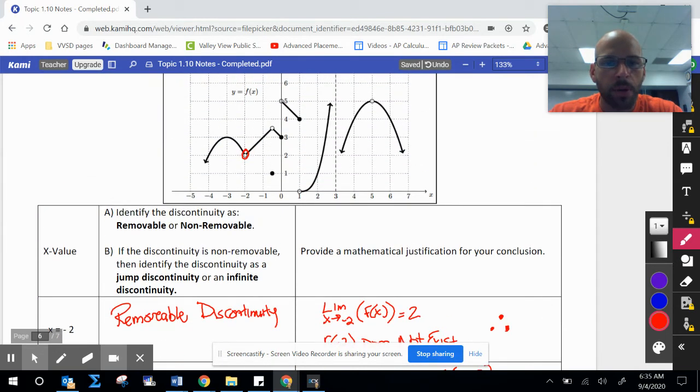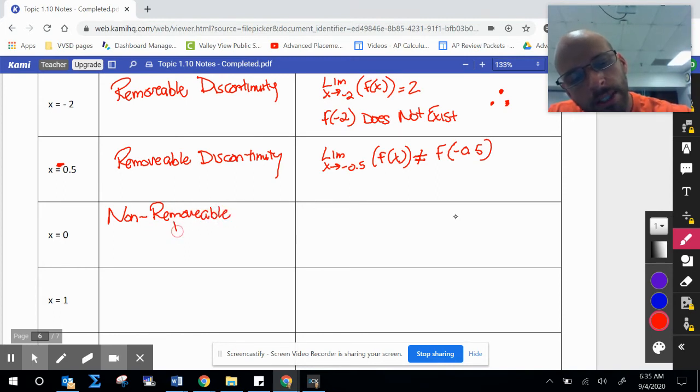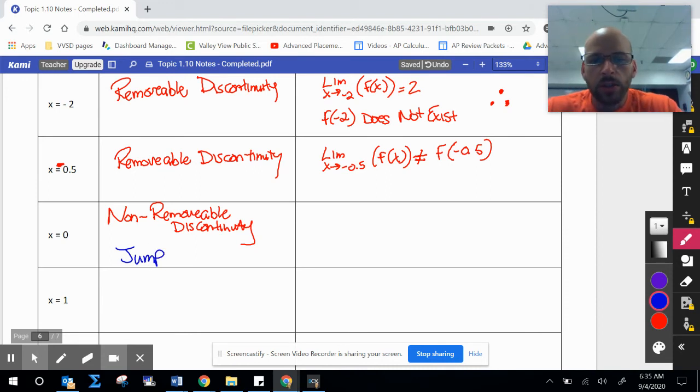At 0 is the next problem. If you look at 0, from the left I go to 3, and from the right I go from 5. So that's going to be a jump discontinuity, and I'm going to be specific here. I'm going to start by calling it a non-removable discontinuity, and then you can be more specific about what type of non-removable: jump discontinuity.